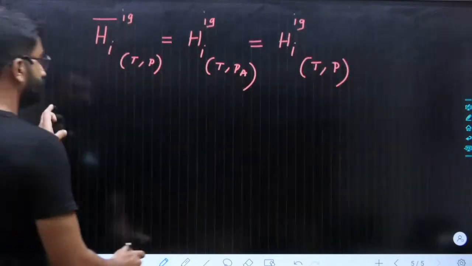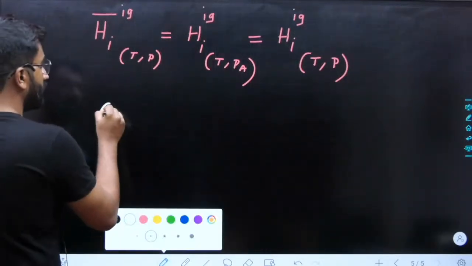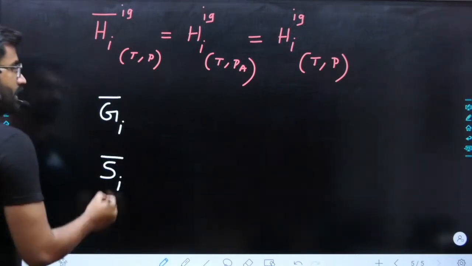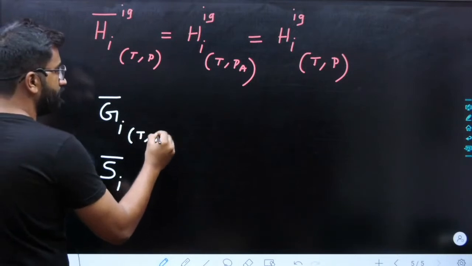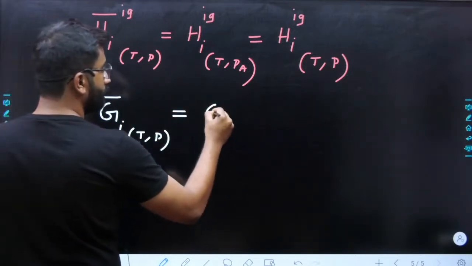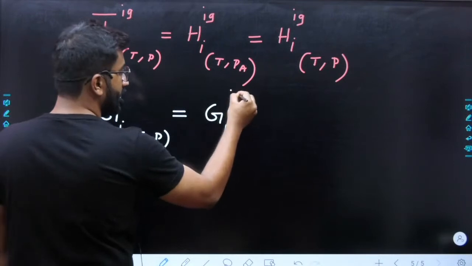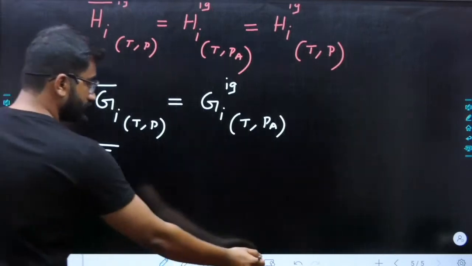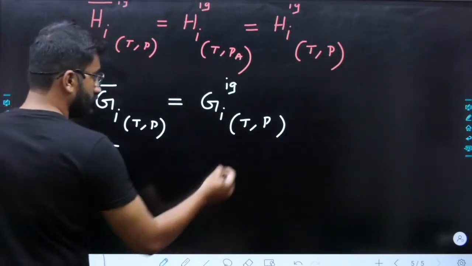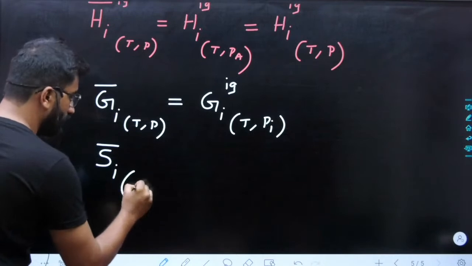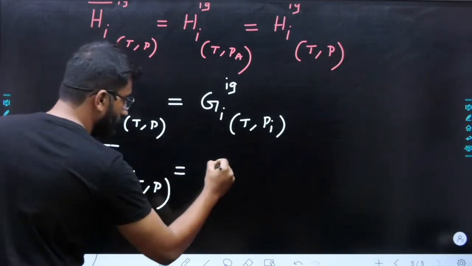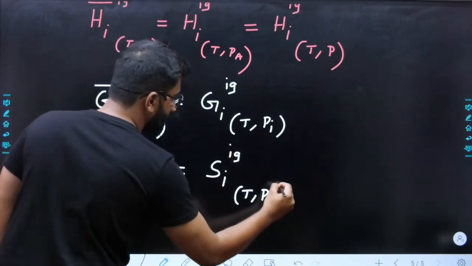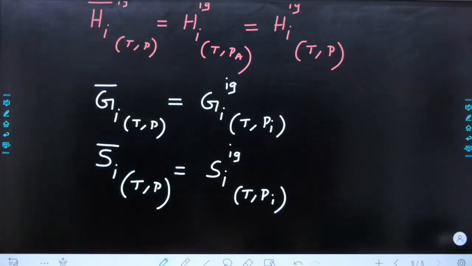But if it is Gibbs free energy and entropy, this is the problem. Gibbs free energy at temperature T and P will be equal to Gibbs free energy in an ideal gas at temperature T, partial pressure Pi. Entropy at temperature and P will be equal to pure component entropy at temperature, partial pressure Pi. So these equations you need to remember.